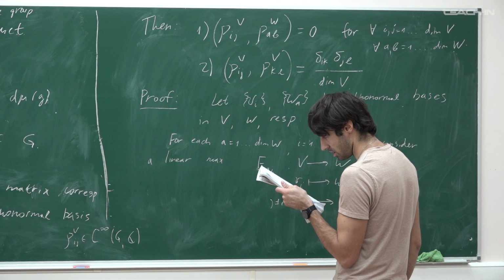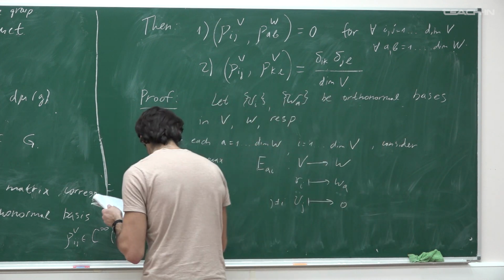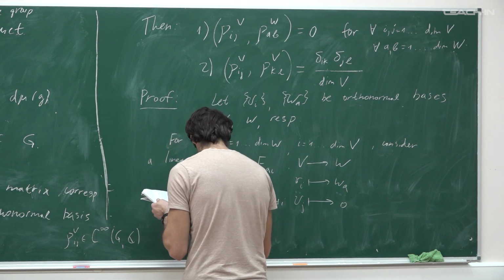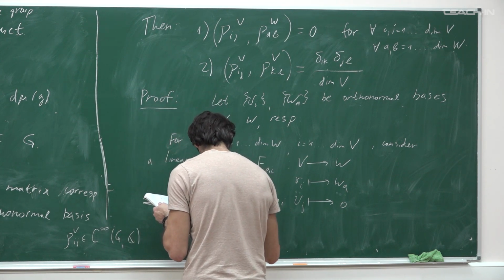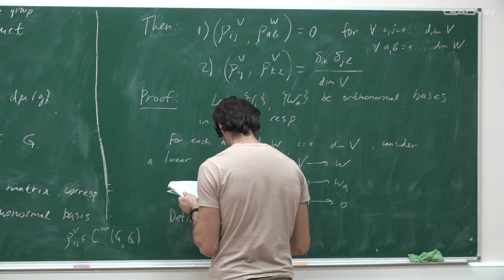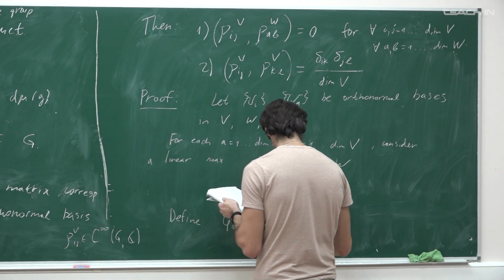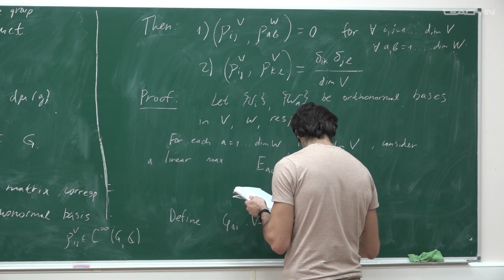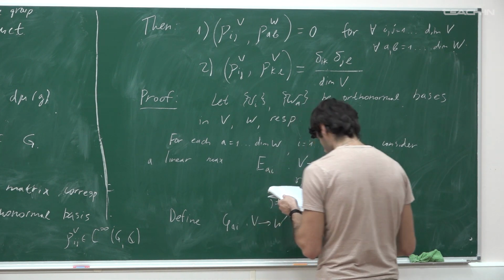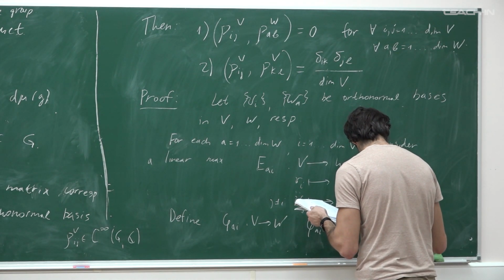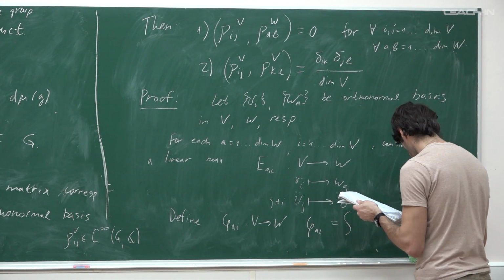So I would like to define, then consider the following map, phi_{a,i}. This is a map again from V to W, where I just take my E_{a,i}, conjugate it and integrate.